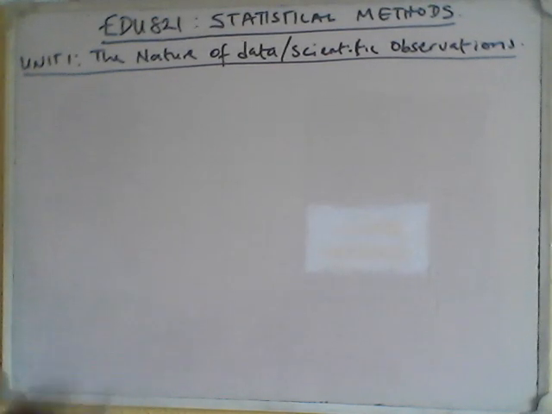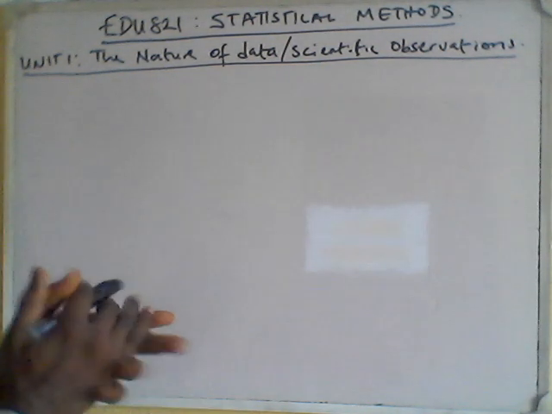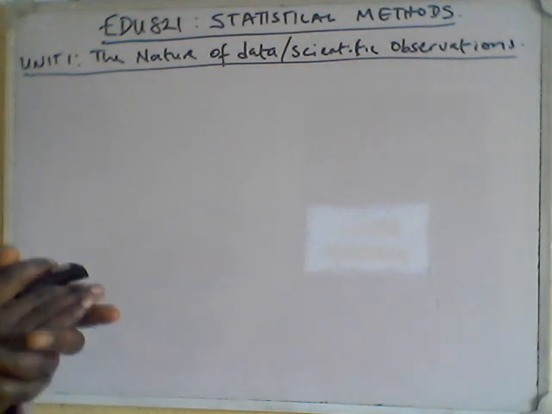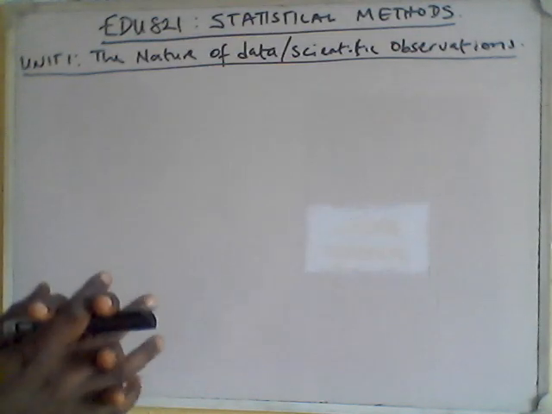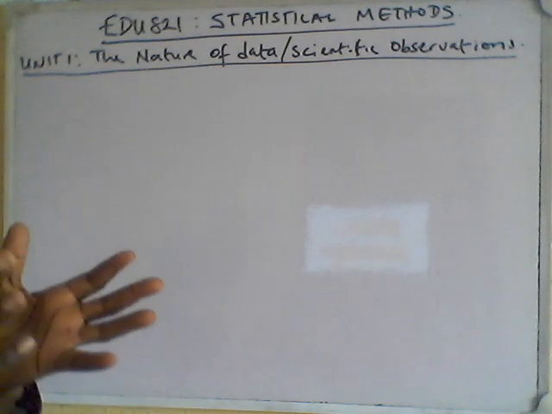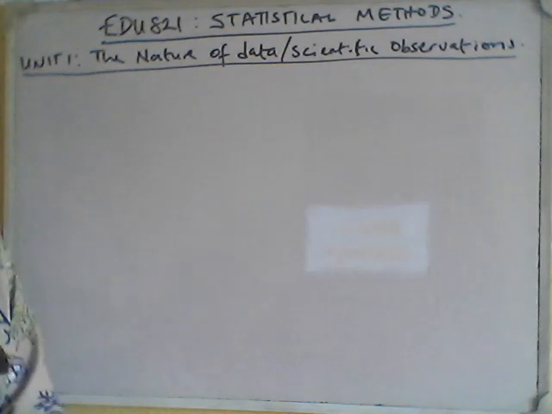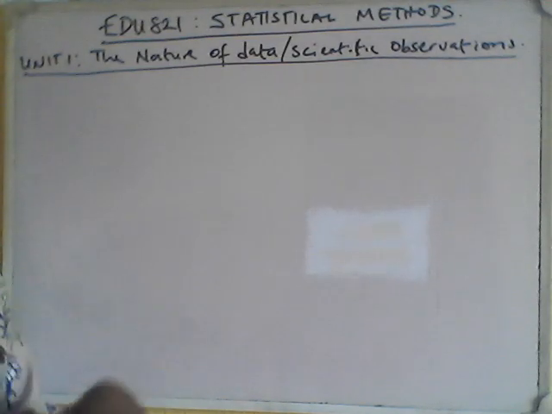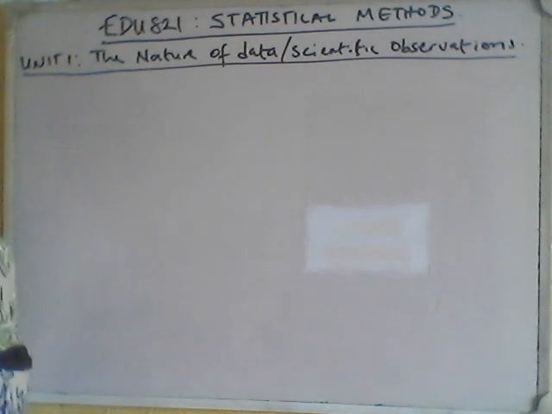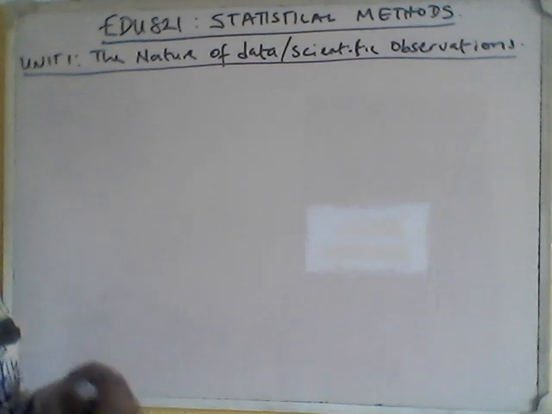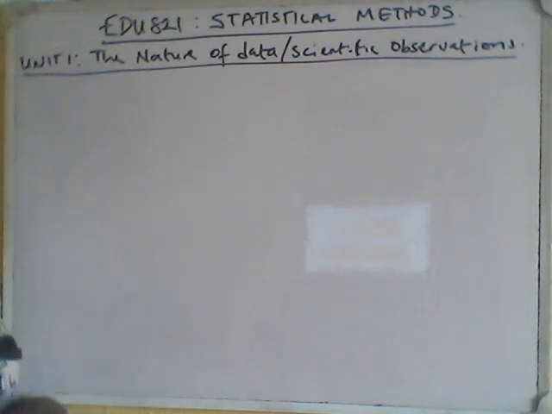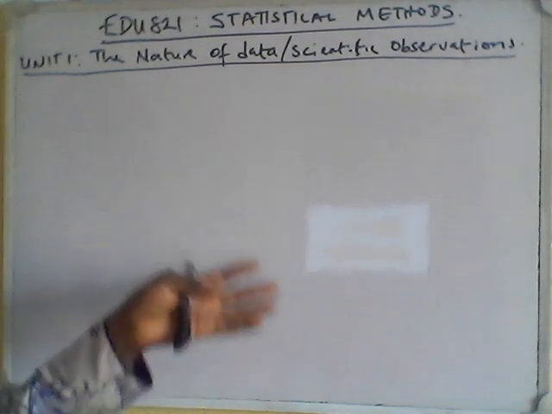So we'll start by asking, what is the concept of data and scientific observation? You see, the raw material of all statistical work is data, whether you are looking at the enrollment figures in your schools, the number of participants from various states in a national conference, the number of successful candidates in public examinations, the salaries of teachers, or even the voting system.